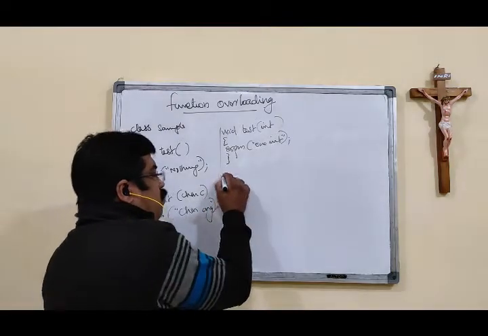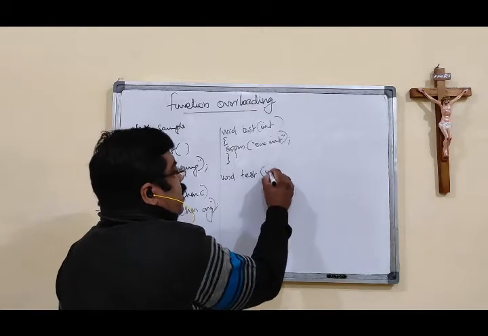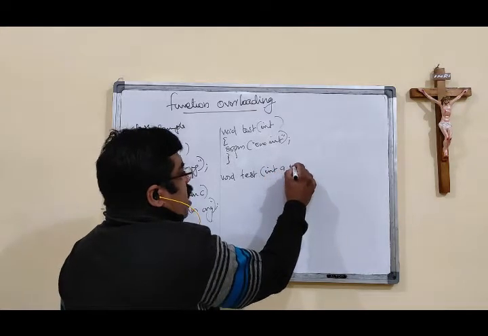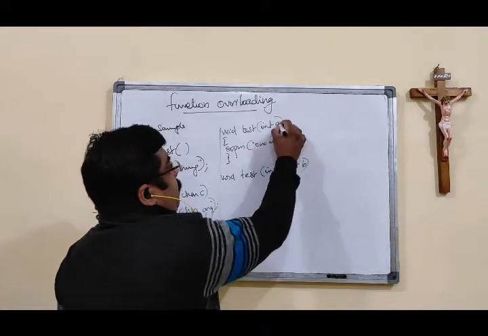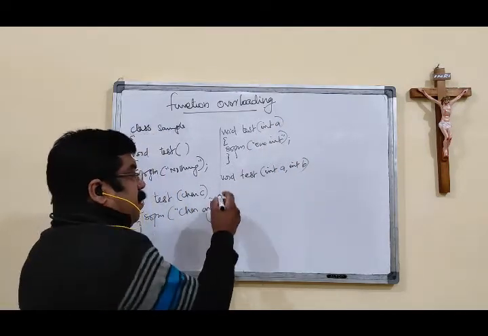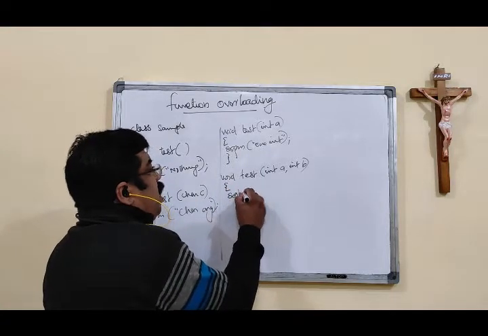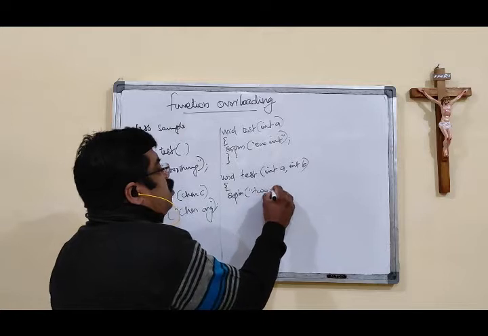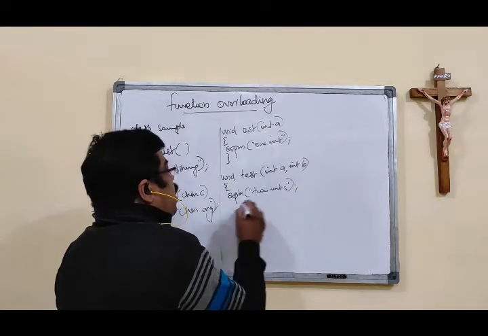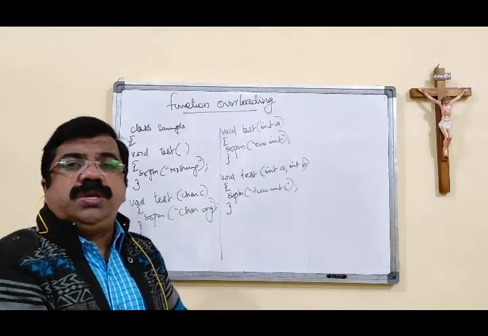Okay, now void test with int a, int b. Okay, two variables are written here. So I give one explanation, SOPLN two ints. So like this you can write any number of functions.